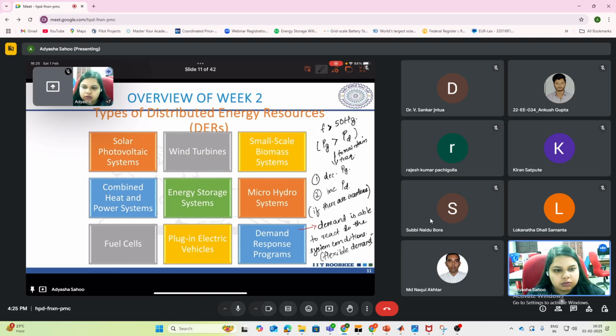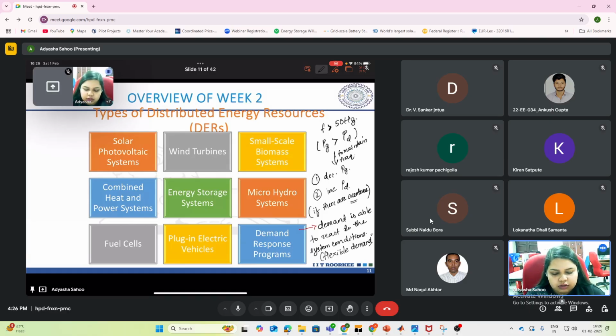What do you mean by incentives? It means if you pay the demand to increase its consumption during these intervals, if you give them money, they will support the system operation. And similarly, when the frequency is less than 50 hertz, they can reduce their demand so that the frequency is brought back to 50 hertz. So that is demand response programs.